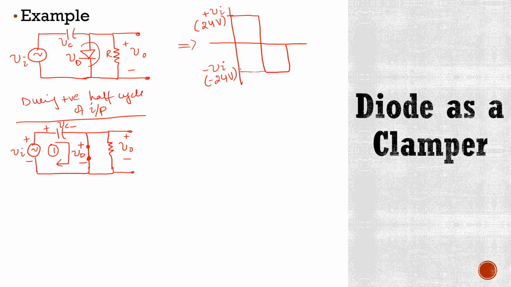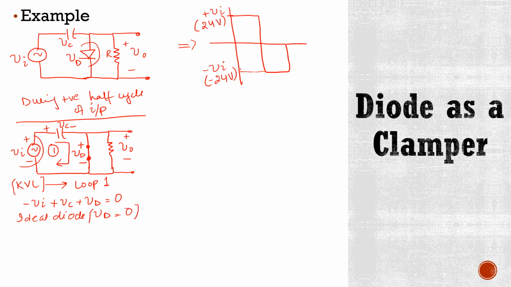Now if we apply KVL to this loop 1, and if we start from this point, our KVL equation will be minus Vi plus Vc plus Vd is equal to 0. If the diode is ideal, it means Vd is equal to 0.